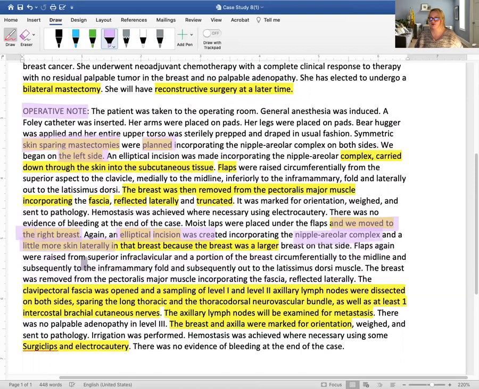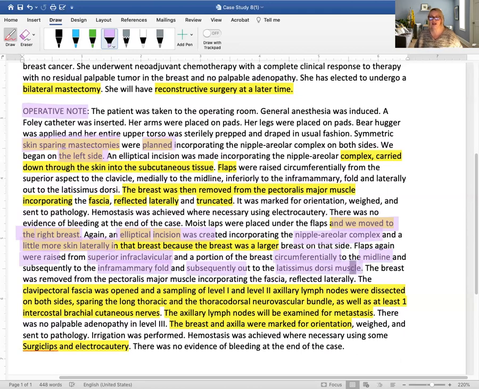Flaps were raised from the superior infraclavicular and a portion of the breast circumferentially into the midline and subsequently into the inframammary fold and subsequently out to the latissimus dorsi muscle.